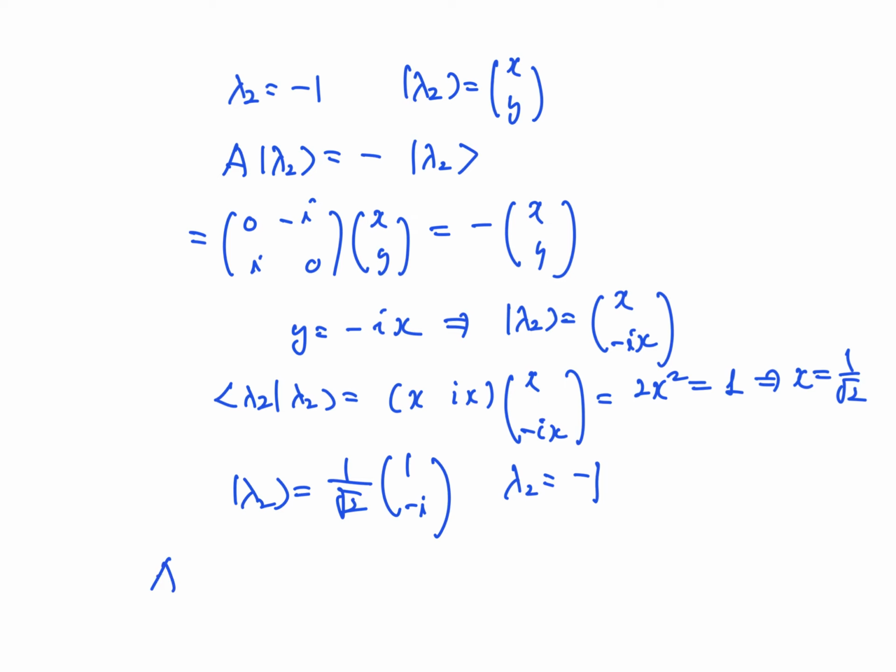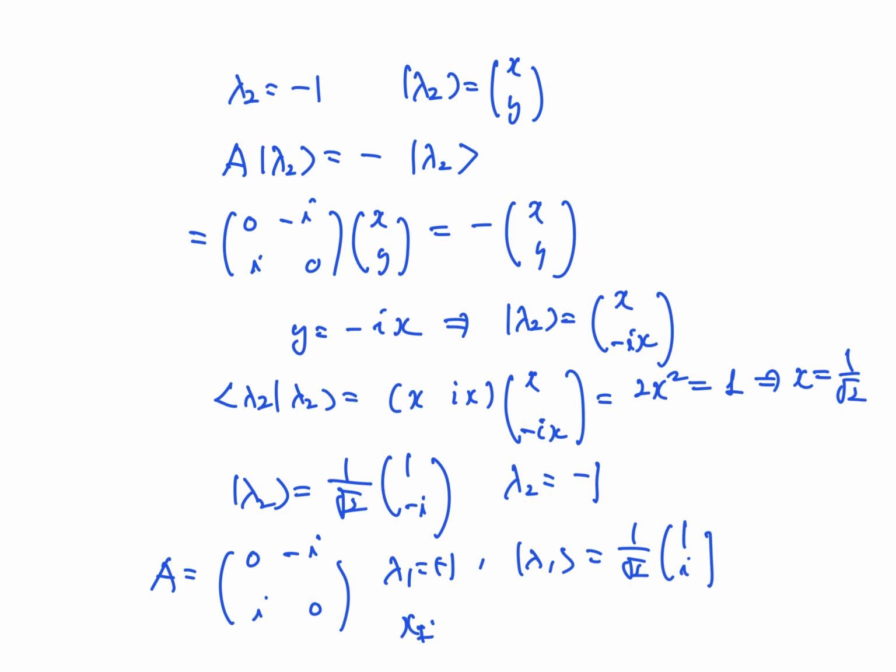So for this matrix, again, we associate lambda 1 equals plus 1, and this eigenvector, we call this eigenvector 1 over square root of 2, 1 i. And lambda 2 is minus 1.